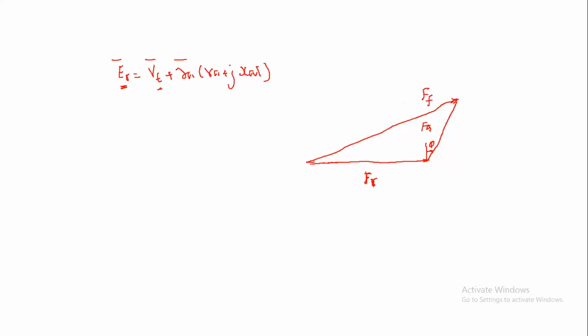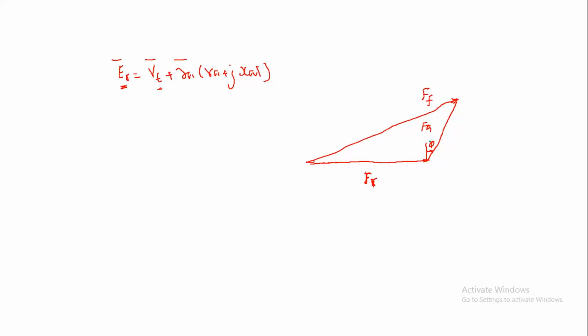Calculate FF. How to calculate FF? By analyzing this phasor diagram. How to analyze it depends on you. For example, you can apply the law of parallelogram of forces. One force is FR, other force is FA.